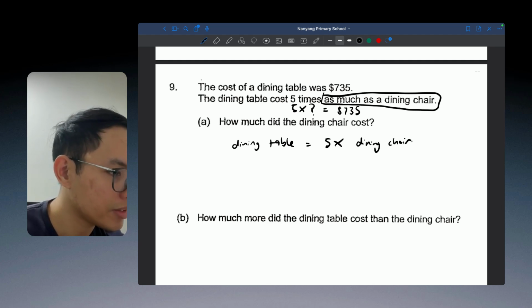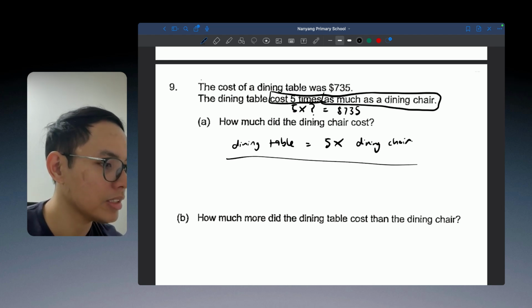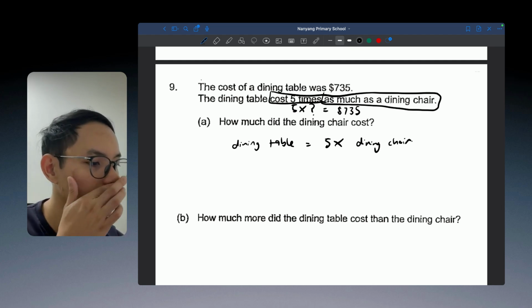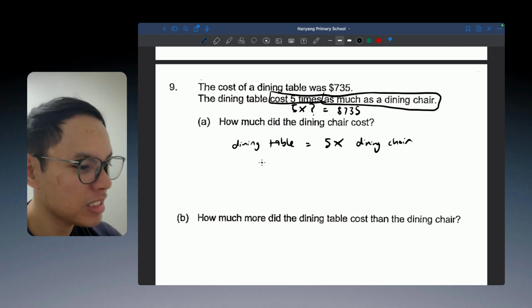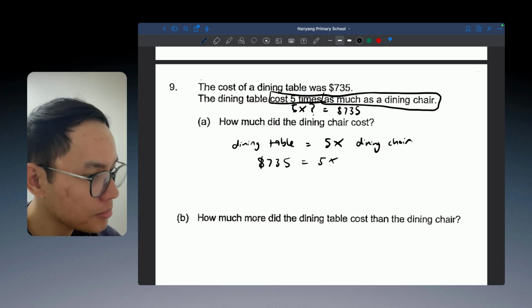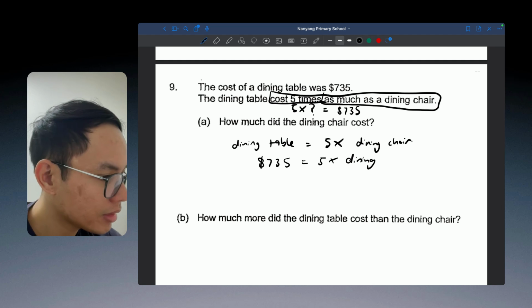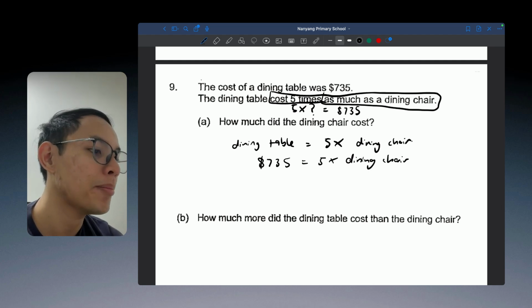So cost 5 times as much is essentially what it looks like over here. Dining table is equal to 5 times as much as a dining chair. And you know how much a dining table costs, which is $735, equal to 5 times dining chair. Then how do we get the dining chair price?